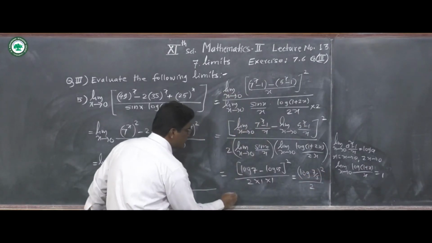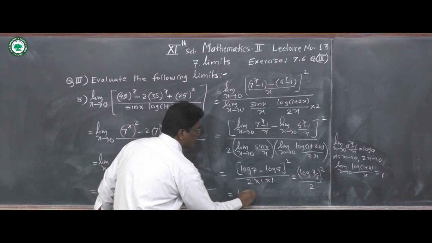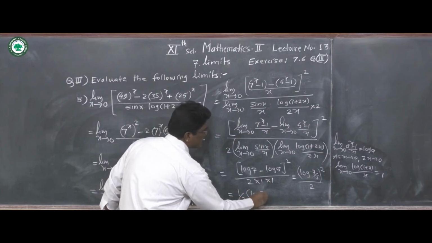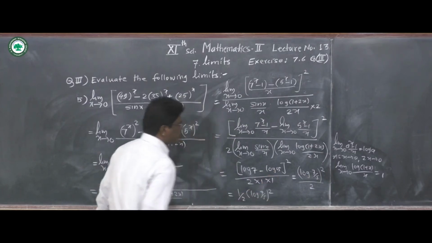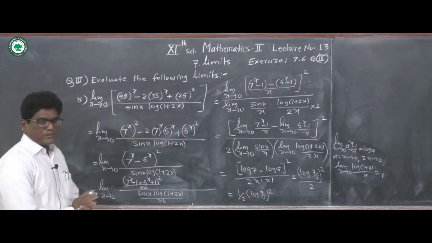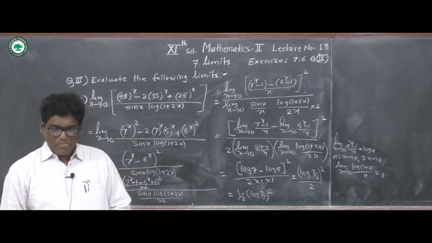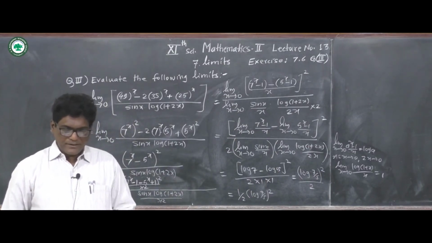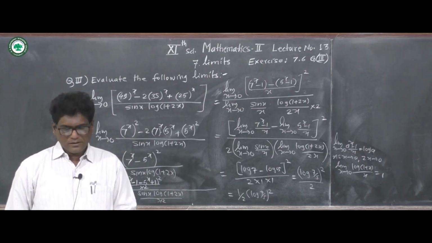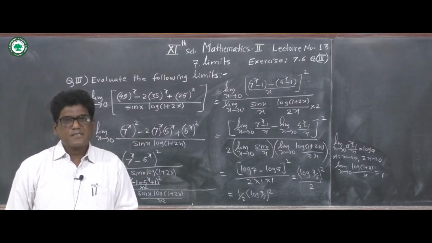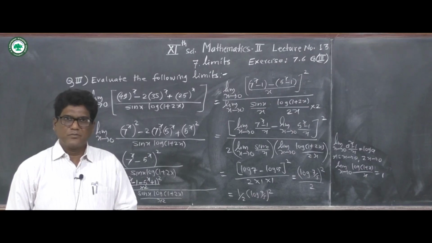So the final solution here is 1/2 into (log of 7 upon 5) squared. This is the complete solution for problem number 5. So in this way we have completed question number 3 of exercise 7.6. We stop here. Thank you.